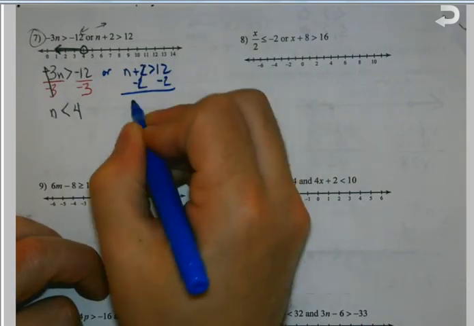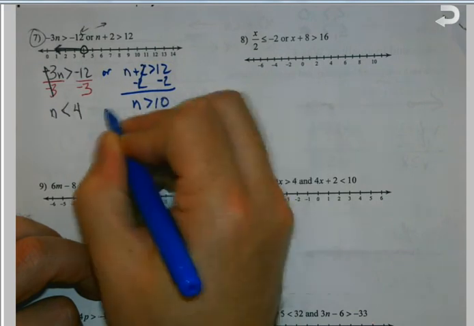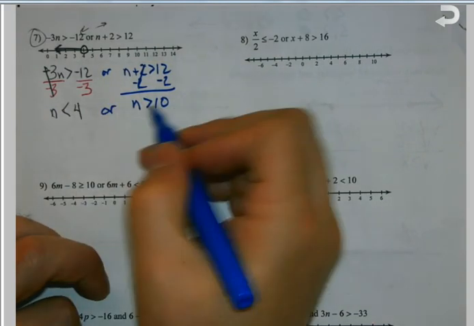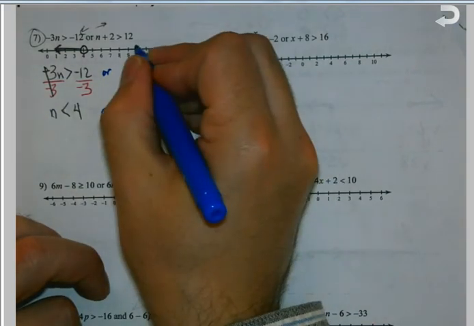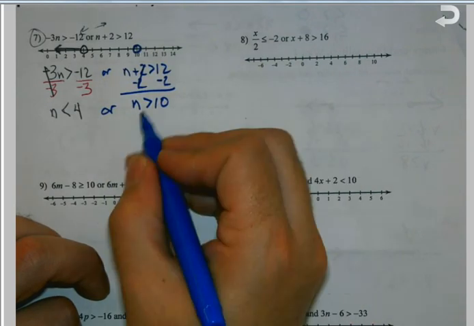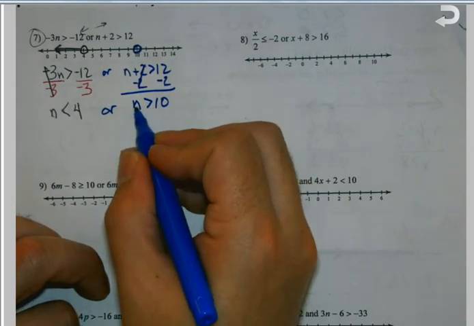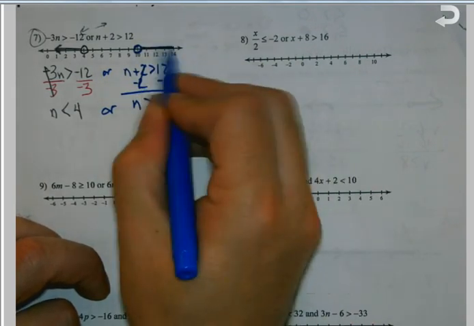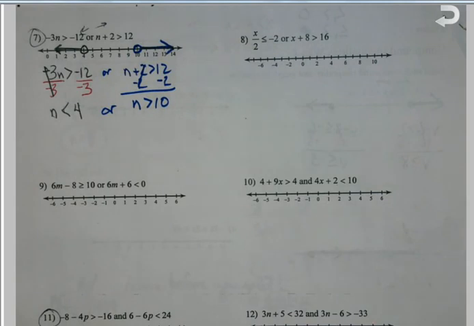No flipping on this one. So n is greater than 10, no line underneath, it's open, and when the arrow eats n, greater than means we go to the right. So again, they go out from each other, which they're supposed to do when they're ors. So this is good.